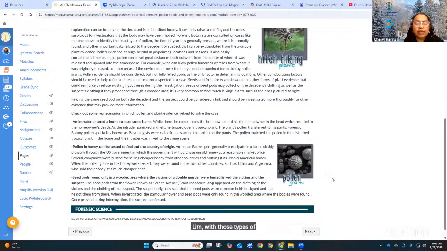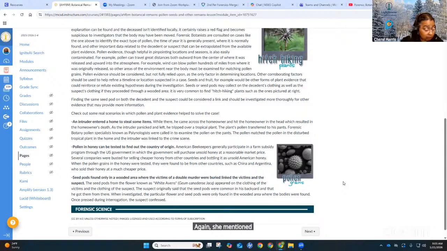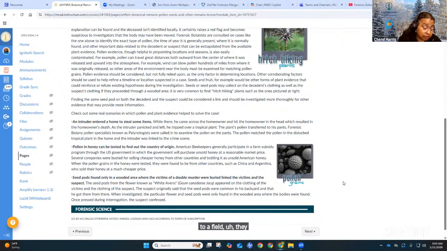So find a case where they were definitely able to locate where the victim was. She mentioned that they might have died in one place and been moved to another. So you can tell the difference between they died here and were moved to a field, or they died first and were thrown in the lake, but the plant materials found in the body said something else.